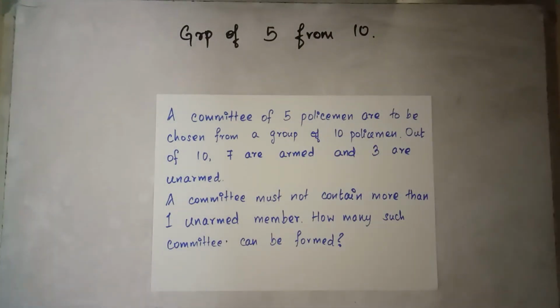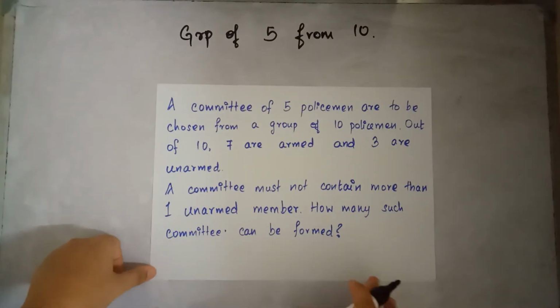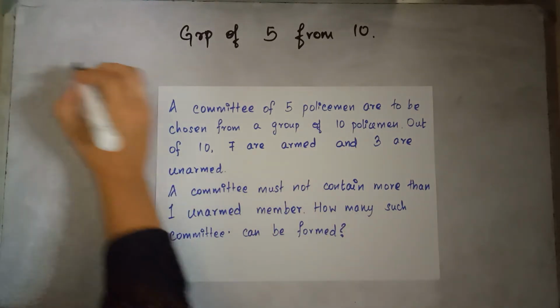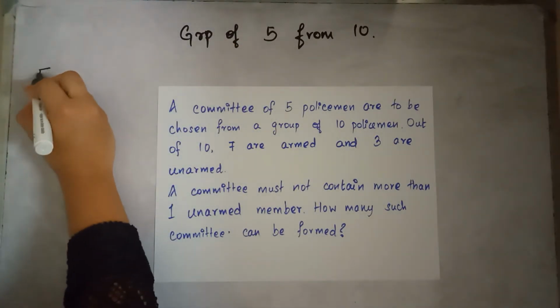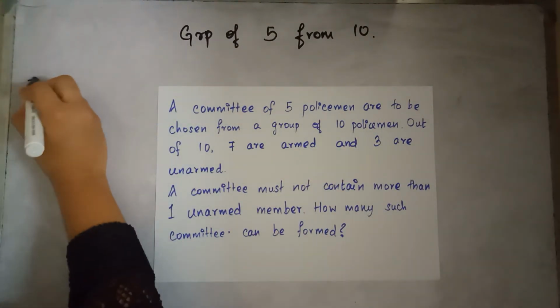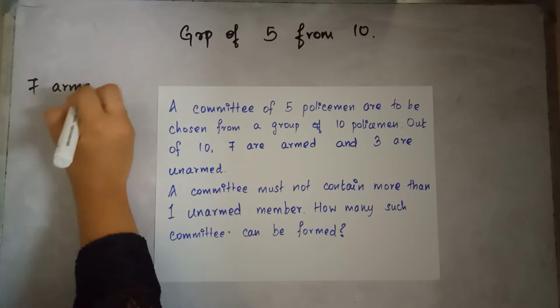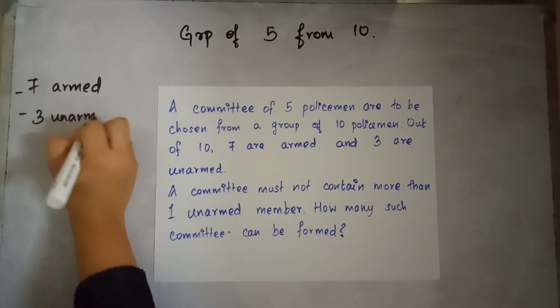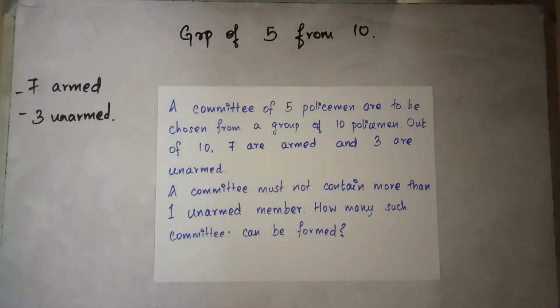Now the question gives us a condition, and that is a committee must not contain more than one unarmed member. There are a total of 7 armed and 3 unarmed.